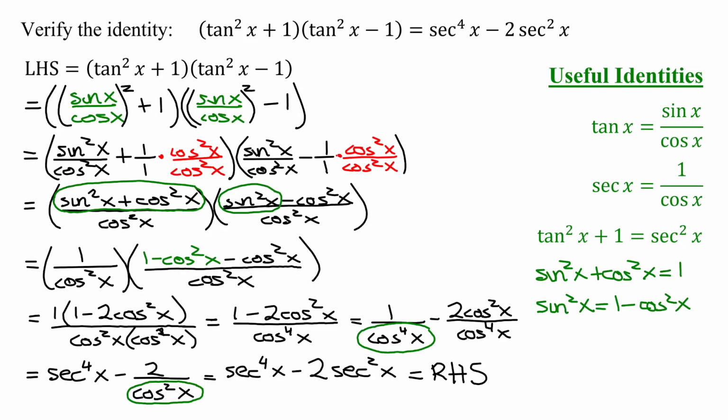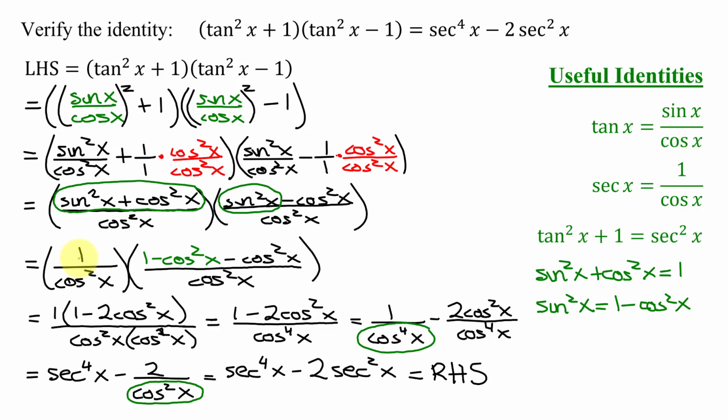And finally, looking at the last method I'm going to show you, this is where I write the tangent of x as sine x divided by cosine x, here and here. Now in each parenthesis, I'm going to require a common denominator. Once I've put everything over a common denominator, sine squared x plus cosine squared x, remember, equals 1.